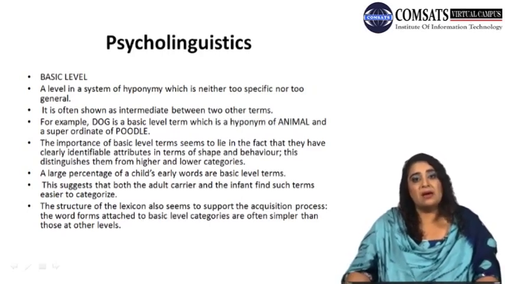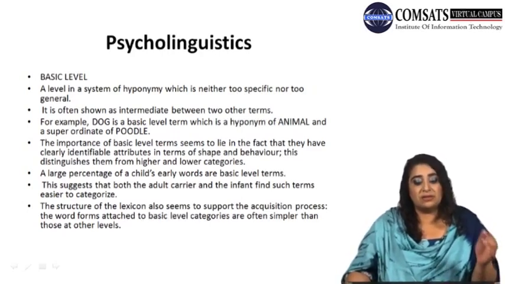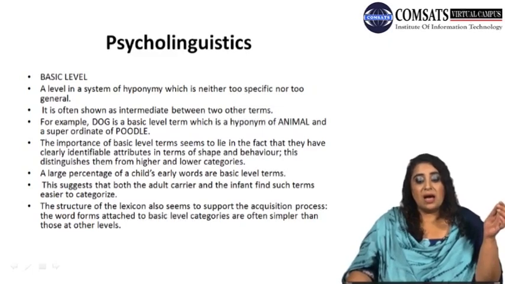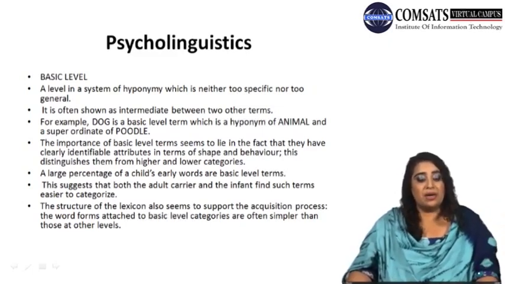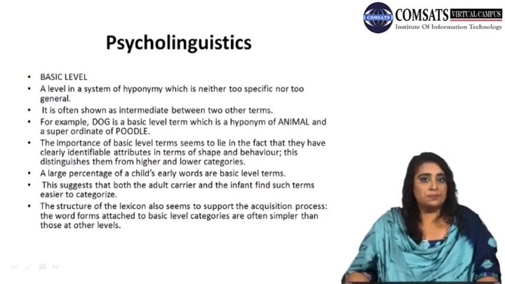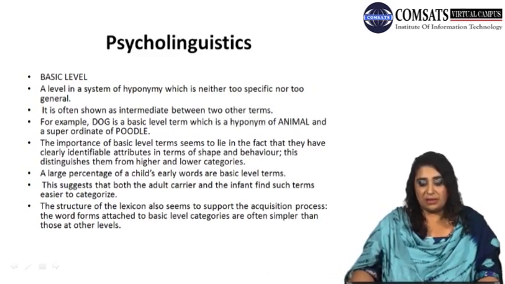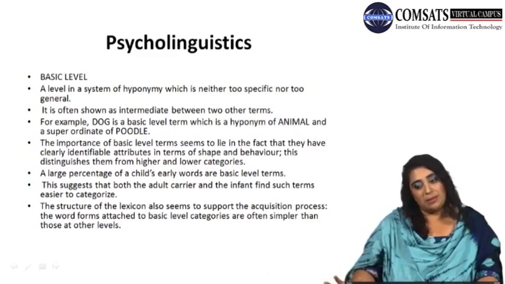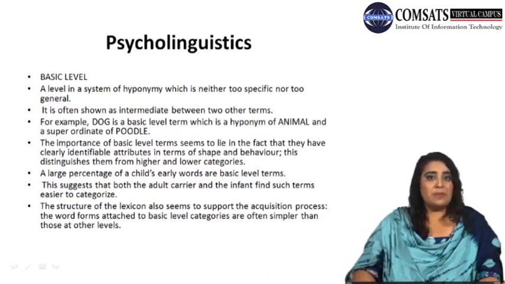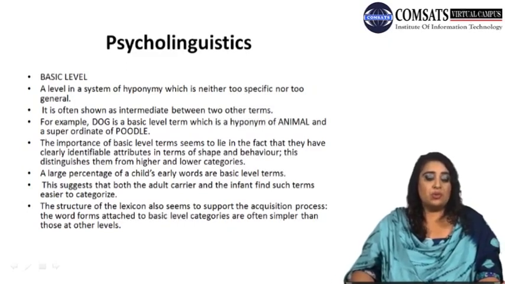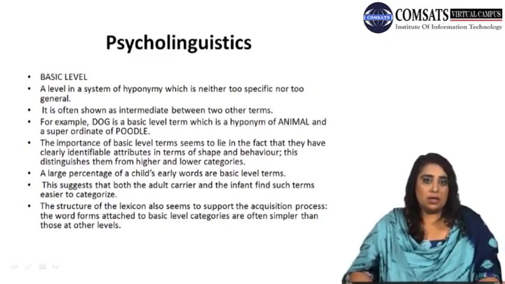For example, dog is a basic level term which is a hyponym of animal and a superordinate of poodle. So dog would be a basic level term for all of the dogs. And it's a hyponym of animal, but maybe we were talking about a specific breed of dog. So that would be a superordinate of poodle.